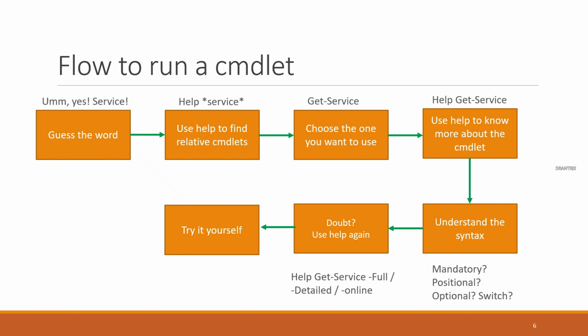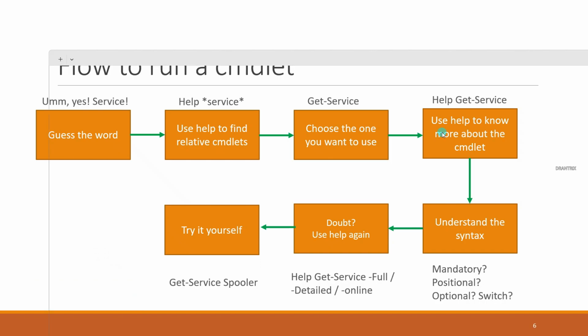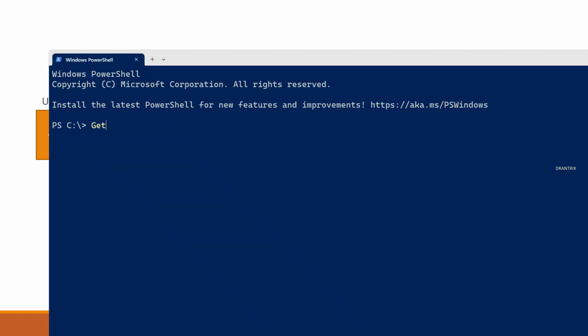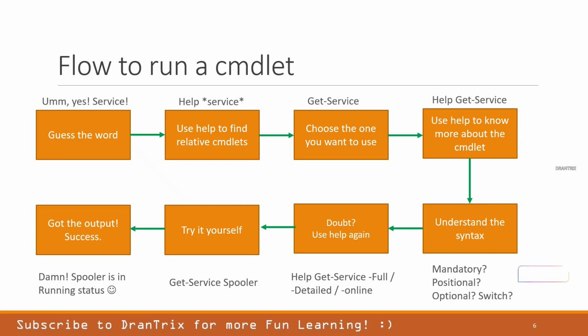And you have to try it yourself, which is Get-Service spooler. So I'll just go with Get-Service spooler. Wow. The status is running. Got the output, success, spooler is in running status. This is how you will go through each cmdlet that you are going to discover.